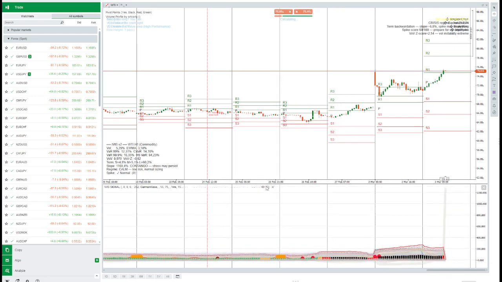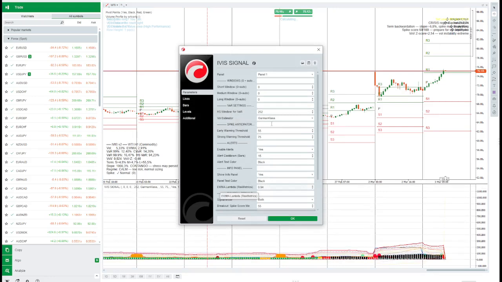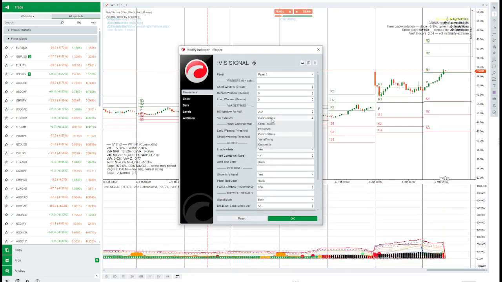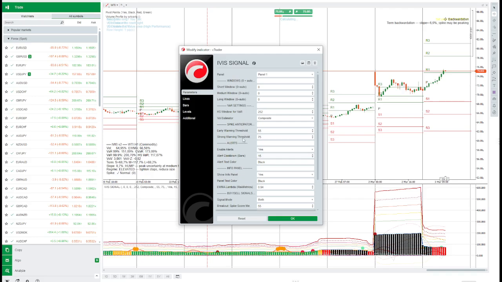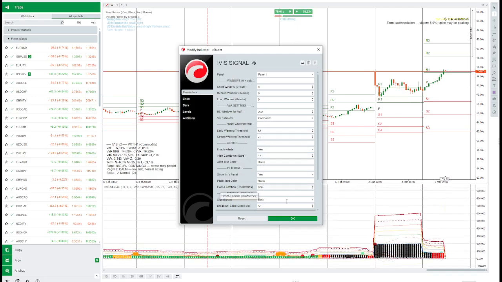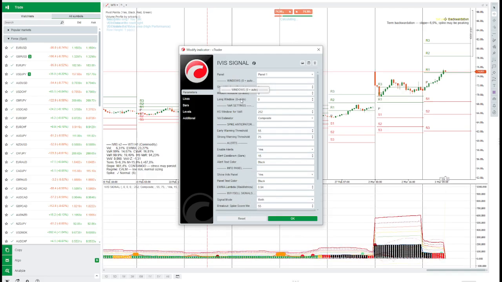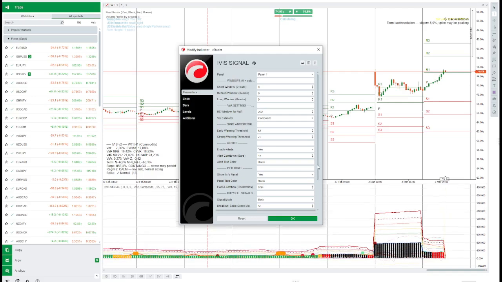As I showed you, now we are using a Garman Klass. We can use the composite indicator. You can customize the values, what is the early warning threshold, the strong warning threshold. You can enable or not the text alert. You can decide the short, medium, and long-term window.